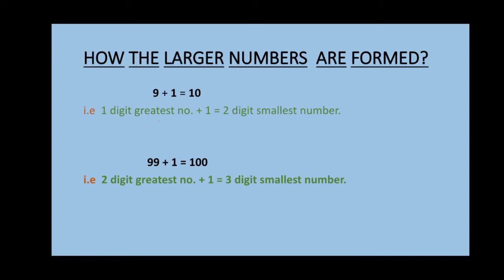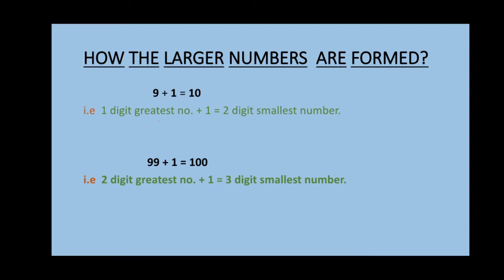You can see the first pattern: we are adding 1 to 9 and we are getting 10. So in the first pattern, children, you can understand that 9 is the 1-digit greatest number. When it is added with 1, we get the 2-digit smallest number, that is 10.